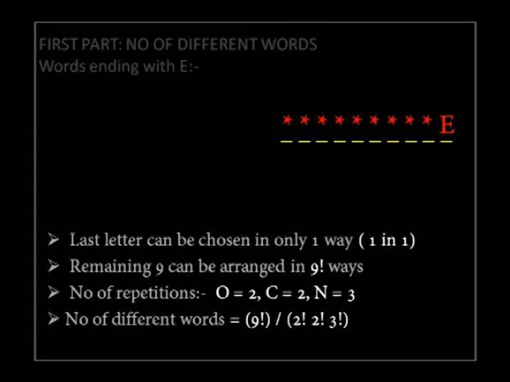So the expected number of ways would have been 1 into 9 factorial. But mind you, there are repetitions here. O is coming twice, C is coming twice, and N is coming thrice. Therefore, the number of distinct words ending with E is 1 into 9 factorial, the whole divided by 2 factorial into 2 factorial into 3 factorial.